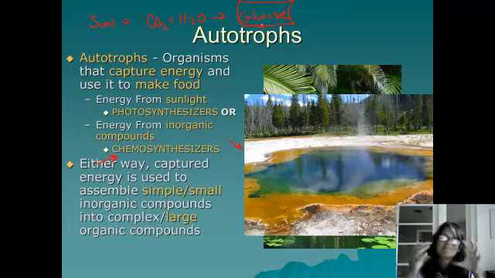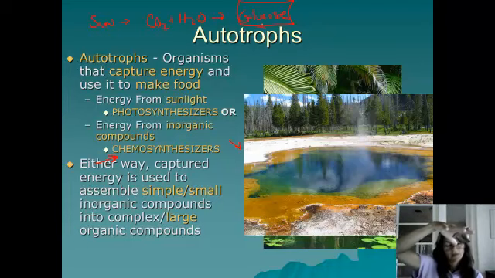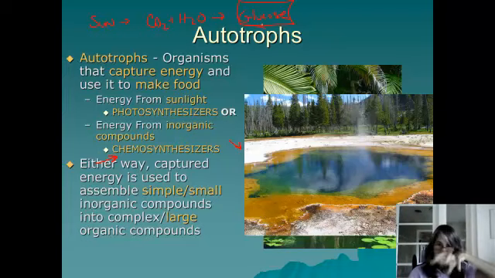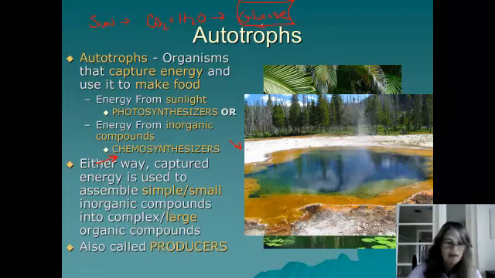So, basically keep in mind, autotrophs are using energy to take little building blocks and build them into a tower of a complex molecule we call glucose, okay? And you can think of it as a little kid taking Legos and building a tower, okay? That's what photosynthesizers are doing. And so once they get their tower, their glucose molecule, then they can take that and break it down and get energy out of it, okay?